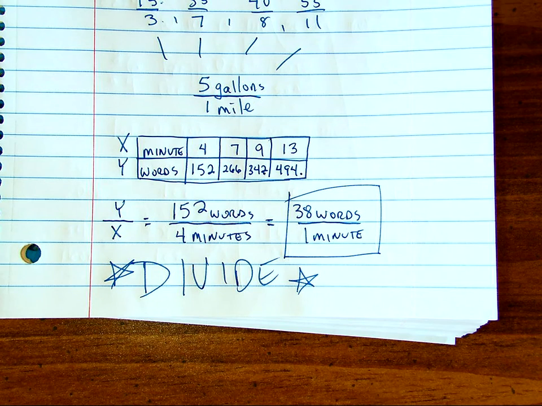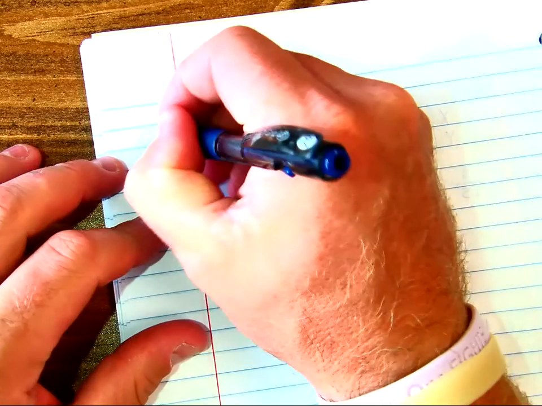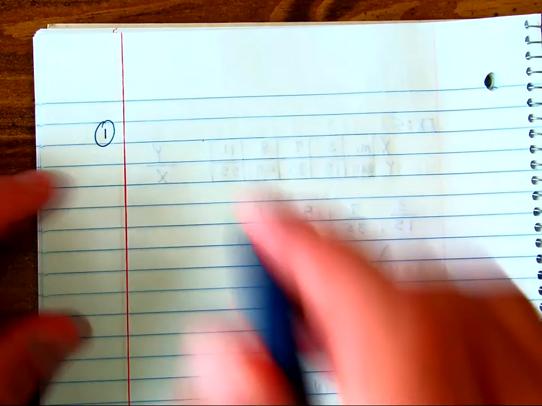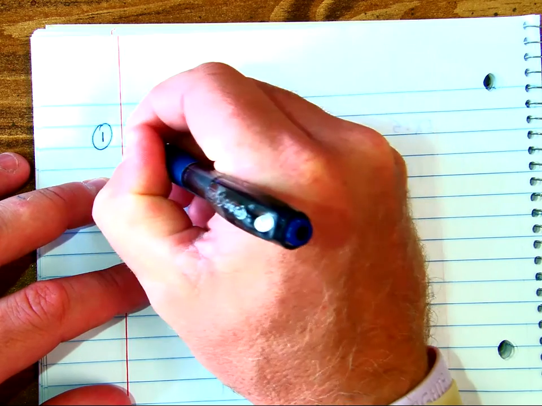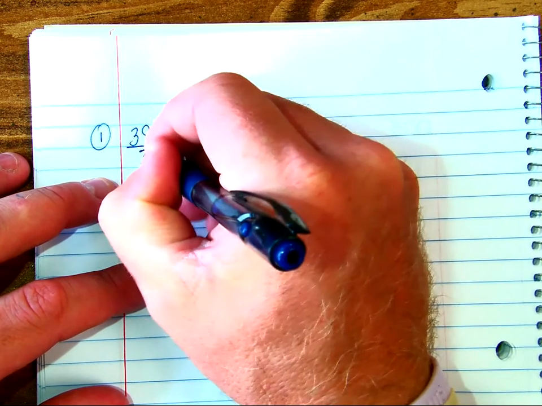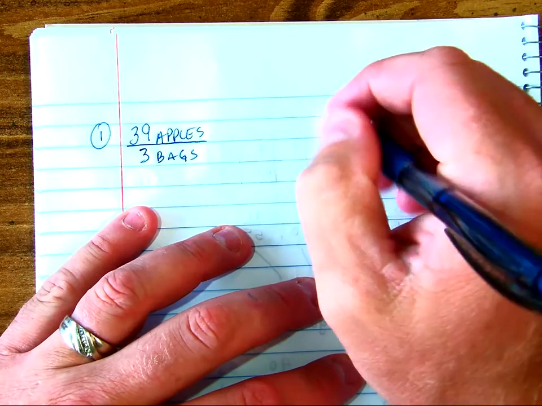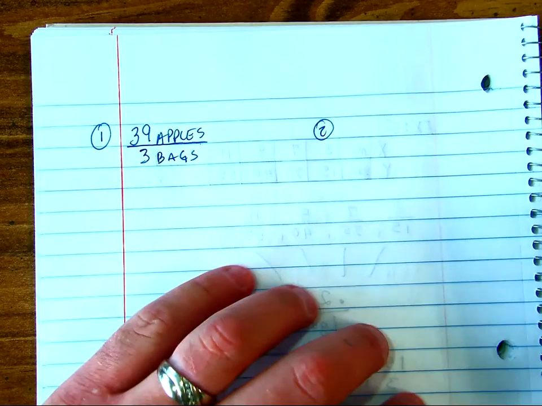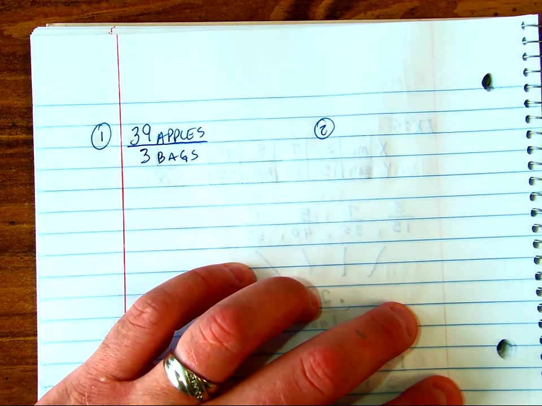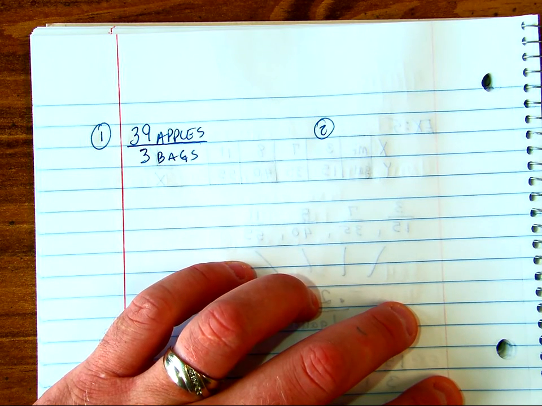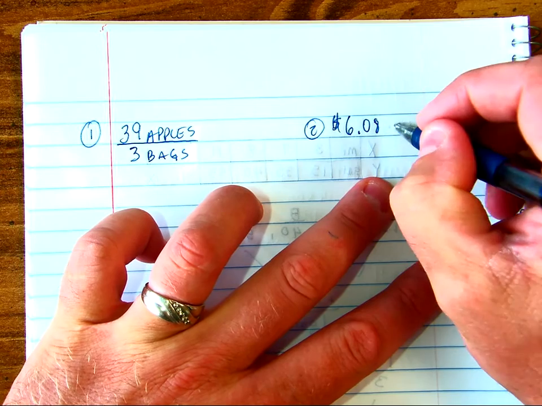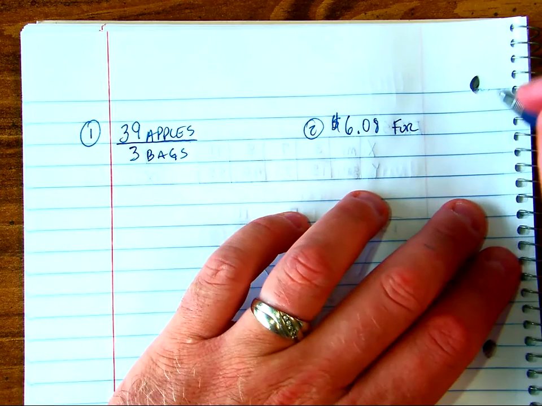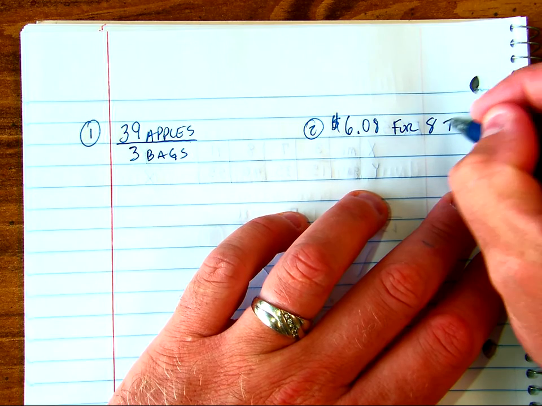All right. Number 1. 39 apples per 3 bags. Number 2: $6.08 for 8 tacos. This is an 8. Sorry about that.